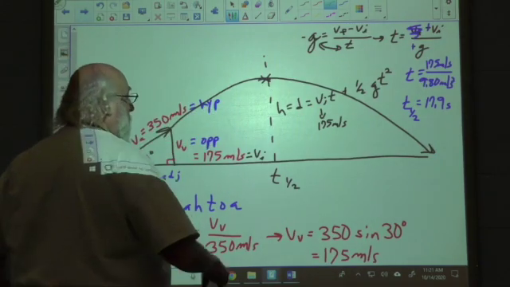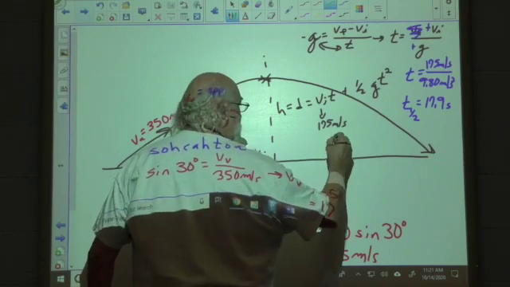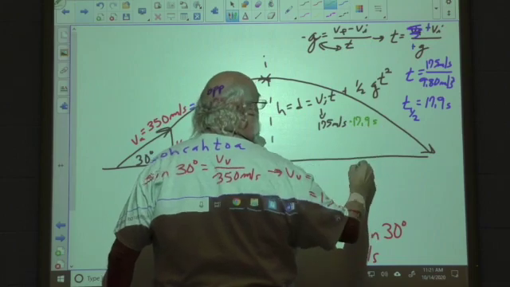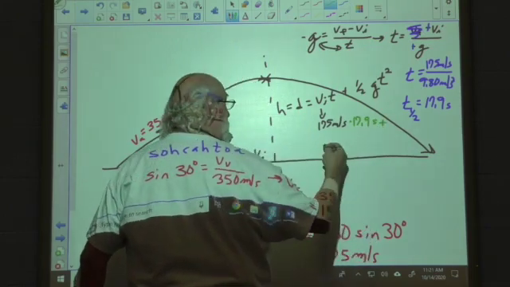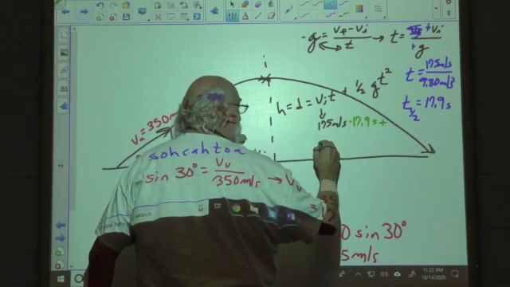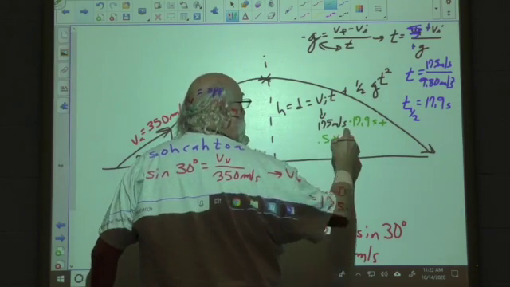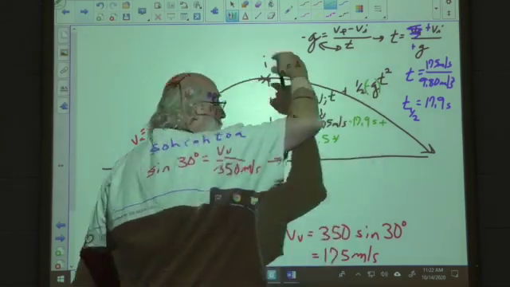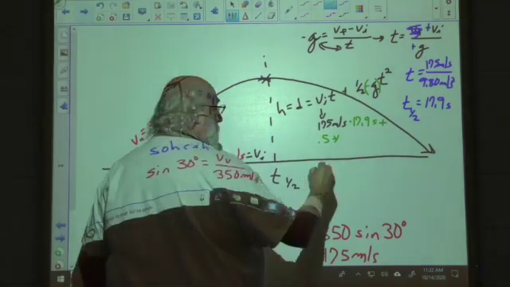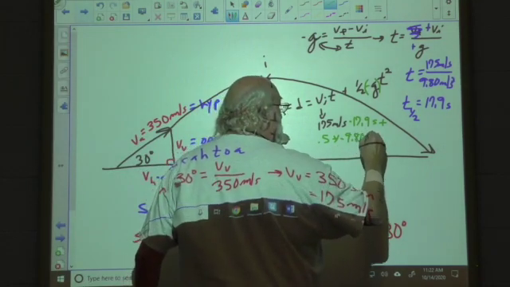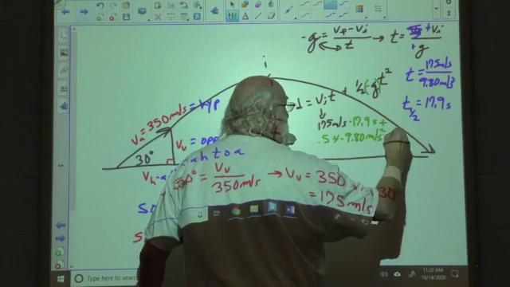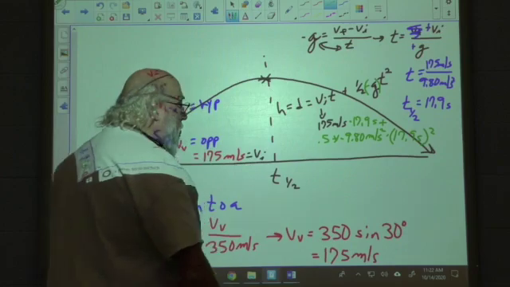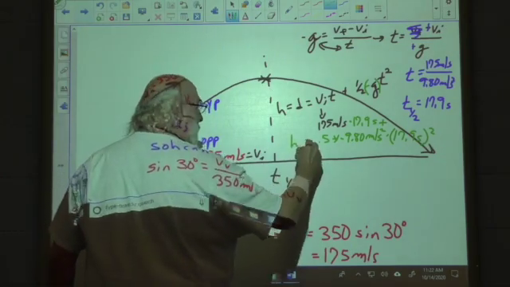You've got 175 times the time, 17.9 seconds, plus 0.5 times, now again, this is actually negative g because it's going up, negative 9.80 meters per second squared times 17.9 seconds quantity squared. So there is our formula for our height.